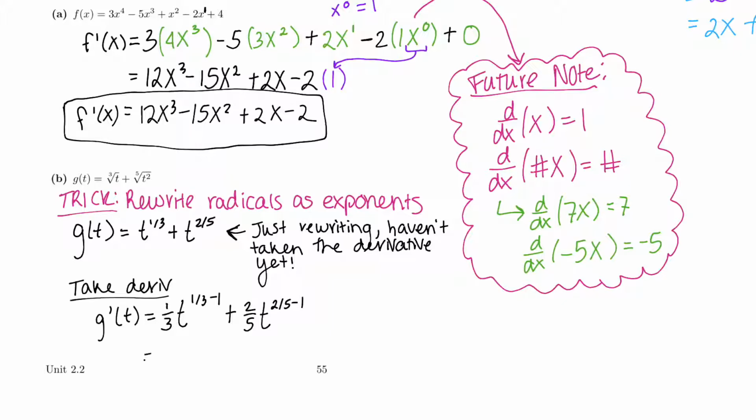Either using fraction math or a calculator, 1/3 minus 1 is negative 2/3. And then 2/5 minus 1 is negative 3/5. You do not need to rewrite it in radical form.